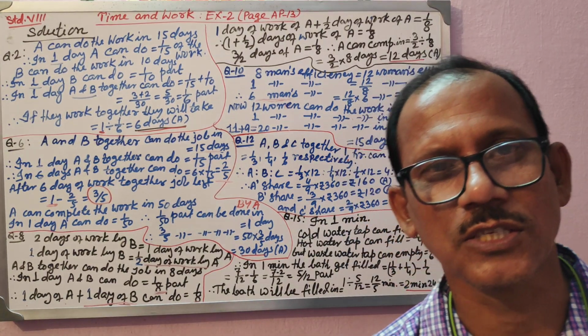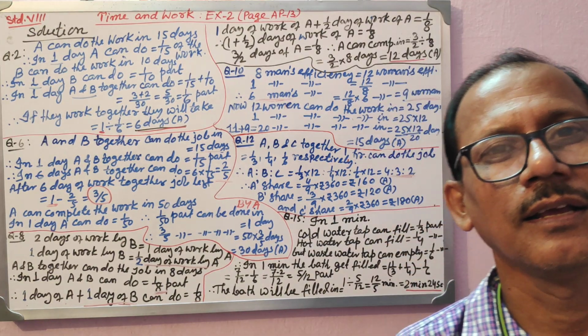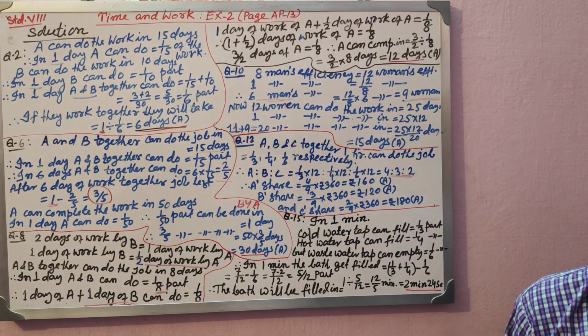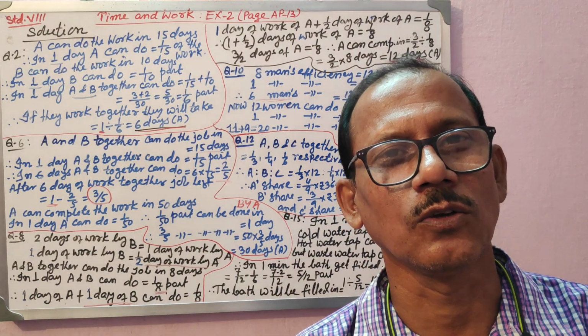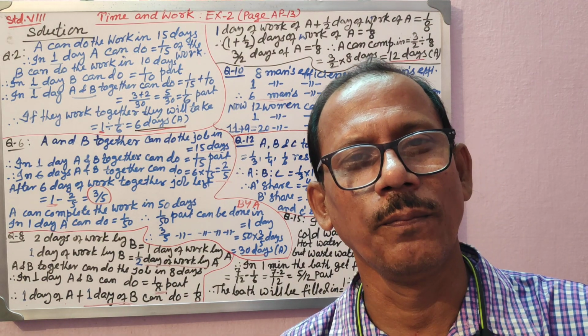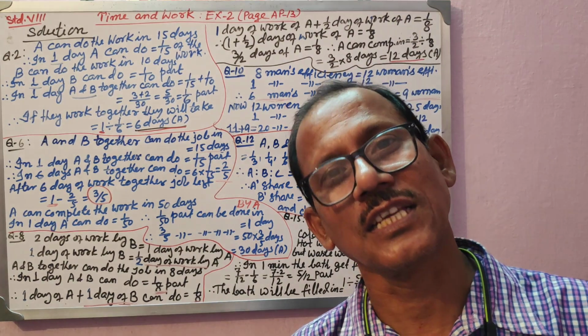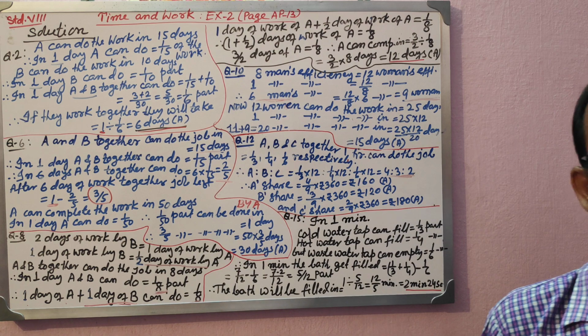But there is a wastewater pipe also that can empty the bath in 6 minutes. So definitely the filling rate is more, because the first takes 3 minutes to fill, the second takes 4 minutes, and emptying takes 6 minutes. Therefore definitely the filling rate is more.